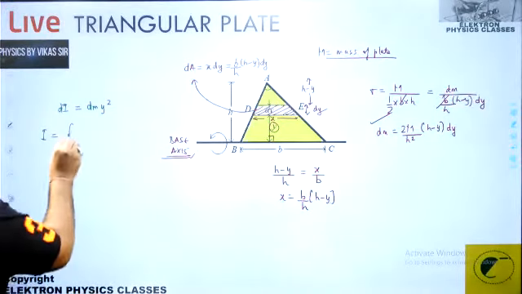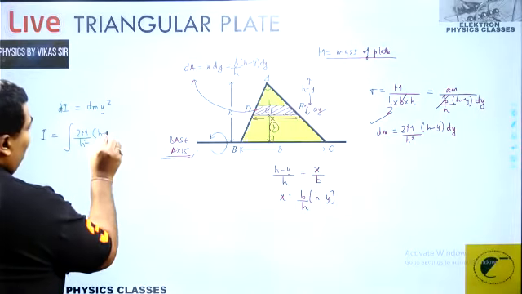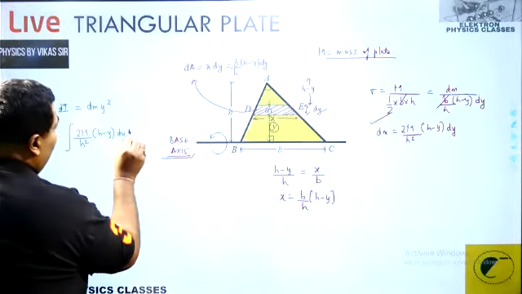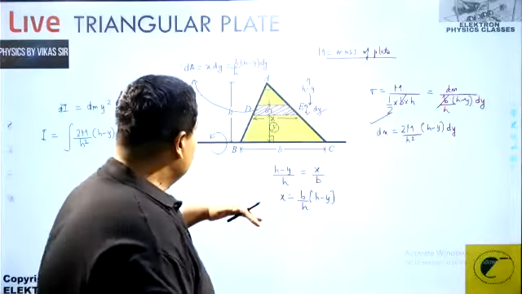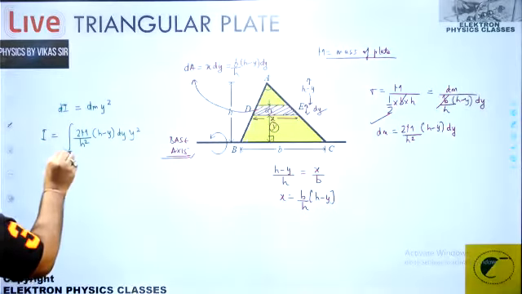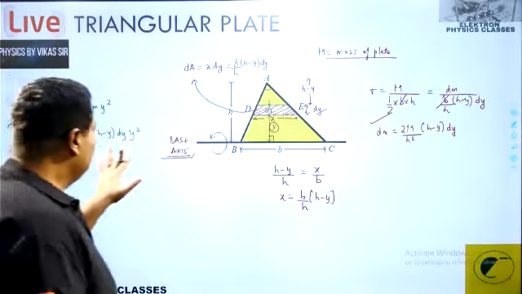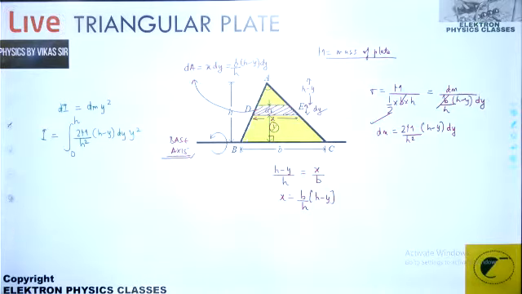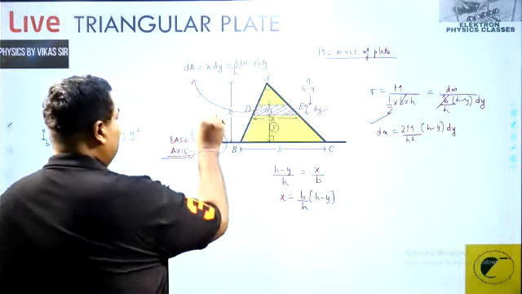So dm becomes twice of m upon h square into h minus y dy into y square, and the limits in y are from 0 to h, all the particles from 0 to h. And that is about this base axis. It's not the center of mass axis. That's the base axis about which we are calculating the moment of inertia.